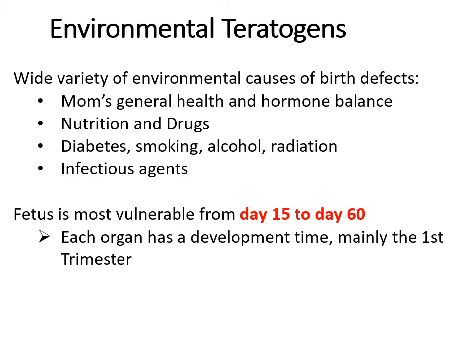So it makes sense that a teratogen is going to have a much bigger effect when organs are developing compared to the third trimester, where the organs have all developed, but now they're growing. The heart's getting bigger, the lungs are developing, but they're fully formed. The nervous system has fully developed. Now there's just growth of it. So remember that teratogens tend to harm the fetus in the early part of pregnancy.